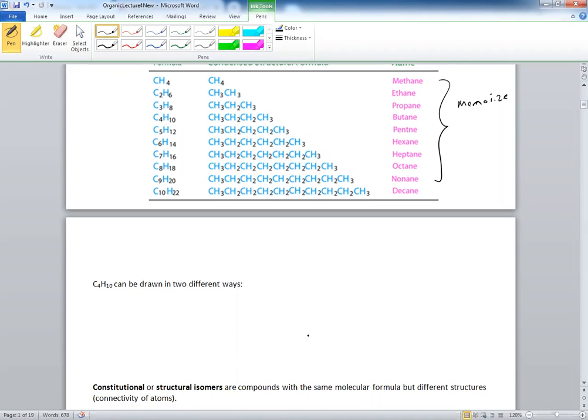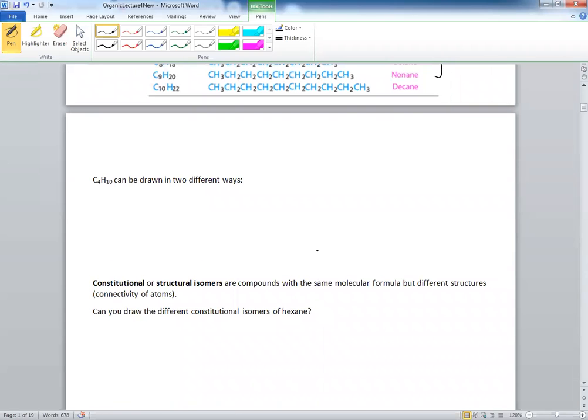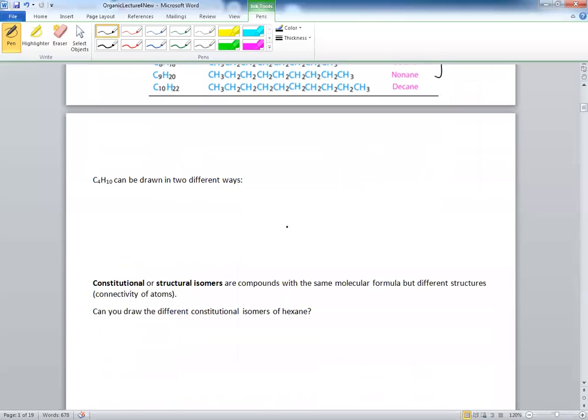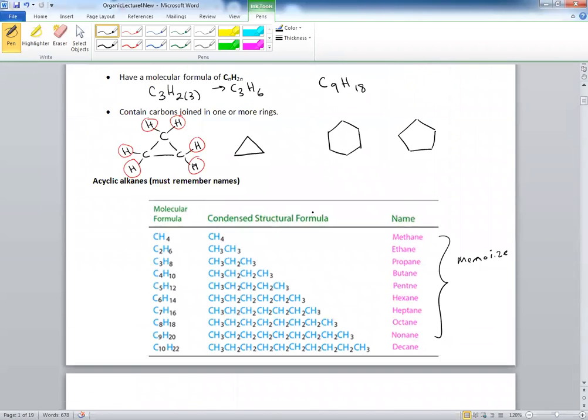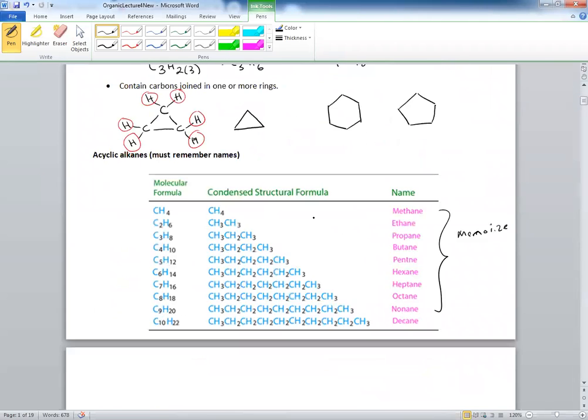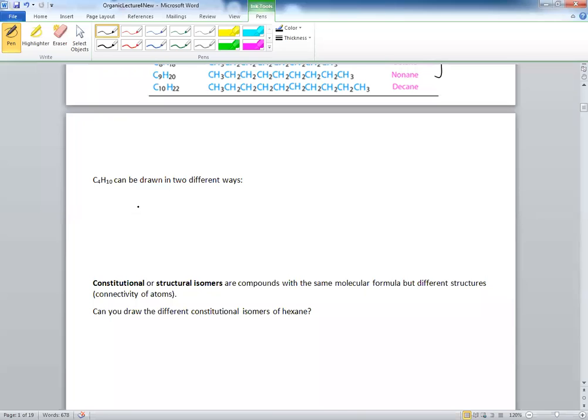So that's the idea. Now let's talk about, if we grab C4H10, it can be drawn in two different ways. We just mentioned this right here. You notice how it can be linear or branched. So there's a name for these. So again, here's C4H10, or I could draw it this way.